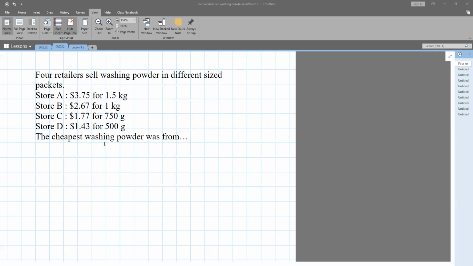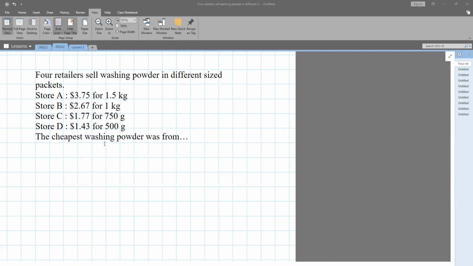So you said Store B sells the cheapest. Okay. Now, this is actually quite an interesting and challenging question, and we need to understand the situation. Basically the price is different, so how do we compare one to another? By the kilogram, okay.